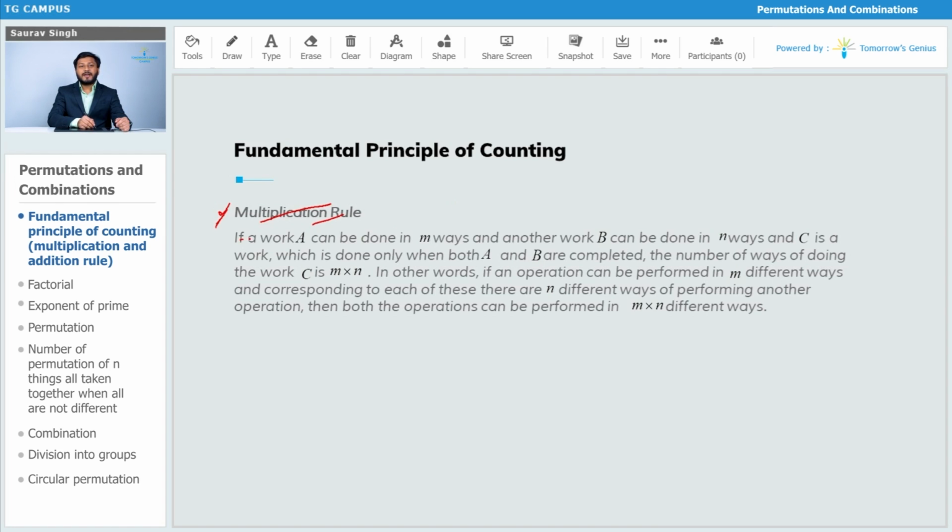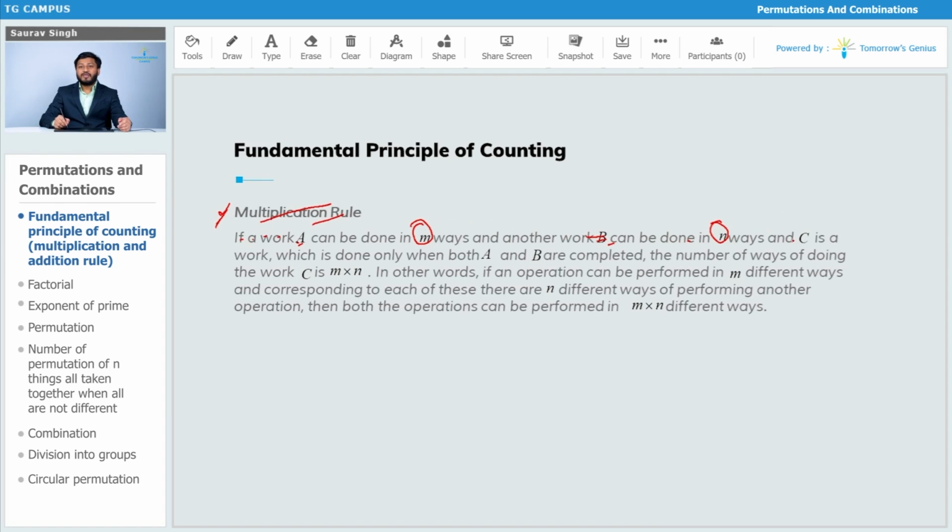Suppose we have a work A which can be done in m different ways. Another work B can be done in n different ways.